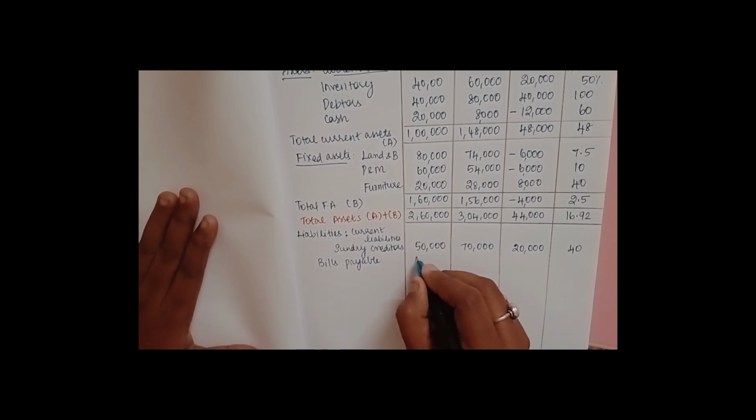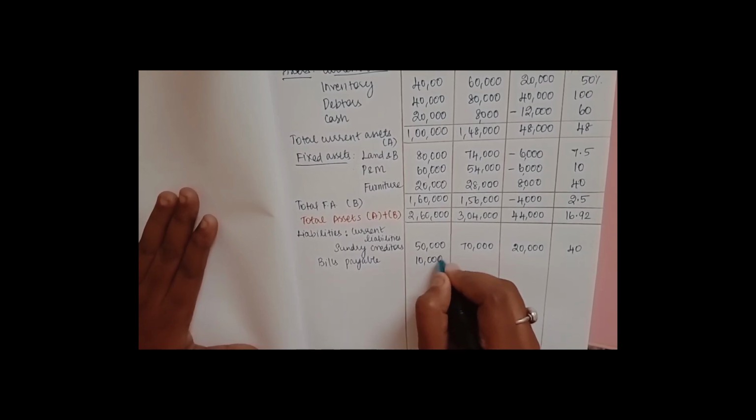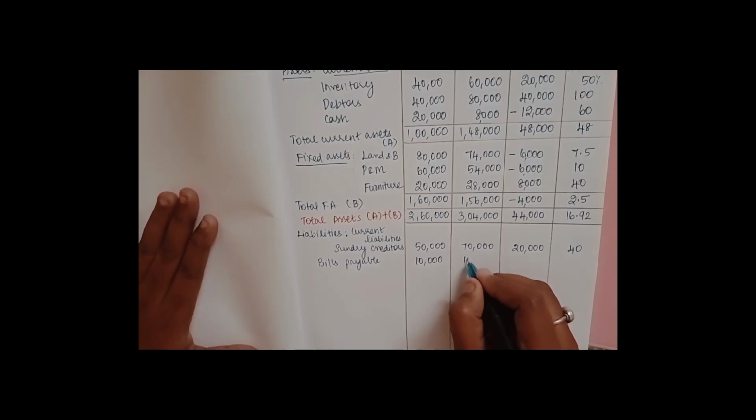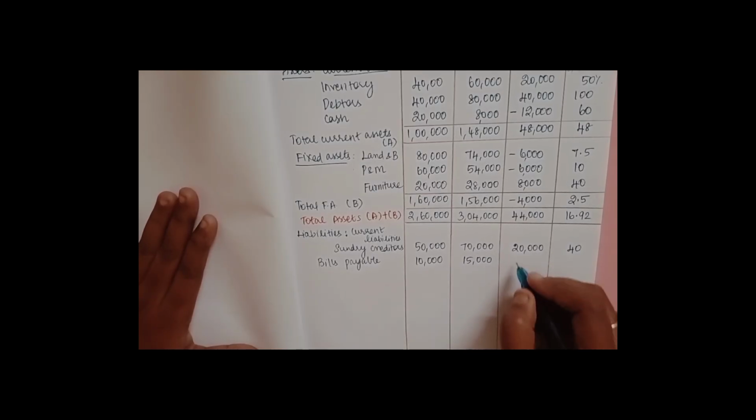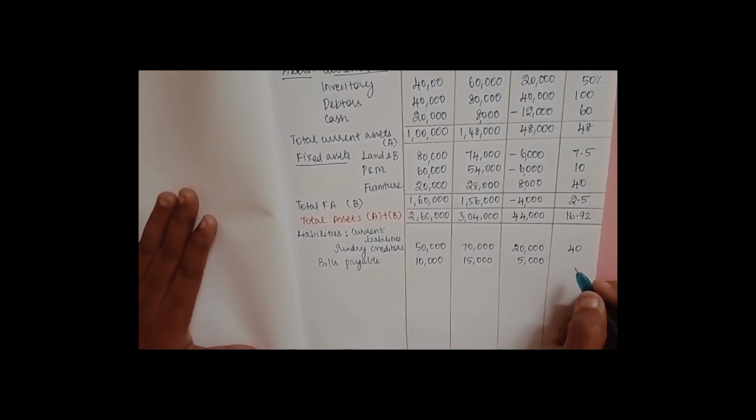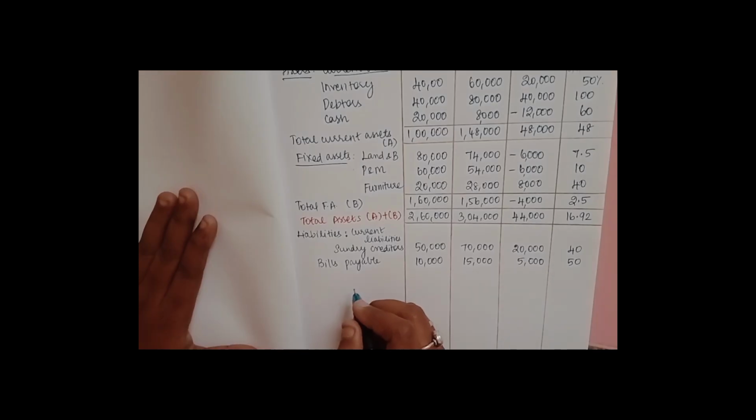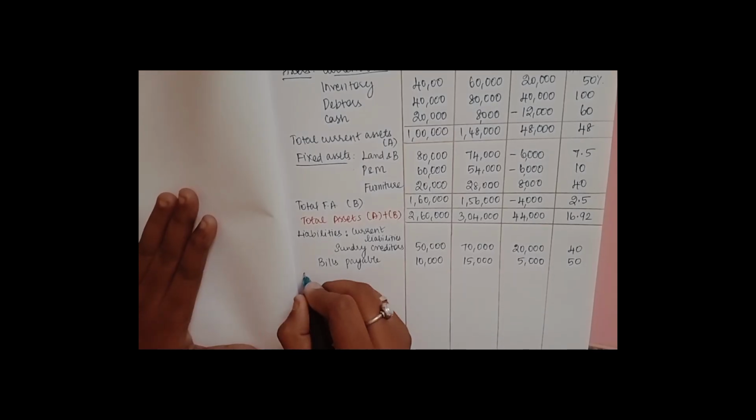Bills payable, this year it is 10,000 and this year it is 15,000 as per the problem. So it has increased by 5,000. So it is 50%. Now let's total this up.